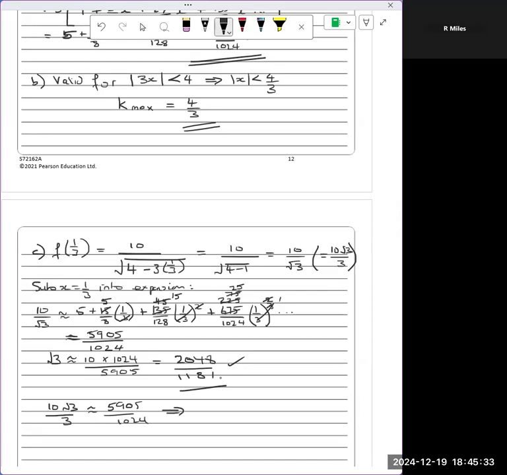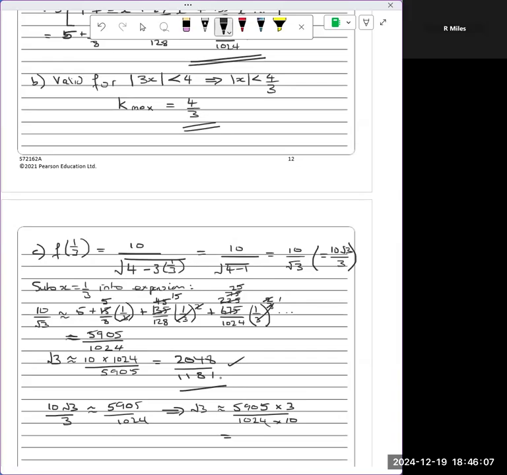And that would give you root 3 is approximately 5905 times 3 over 1024 times 10. And that gives you a slightly different answer, 5905 times 3 divided by 10240. And that is where the calculator gives up. The calculator has now given me a decimal.